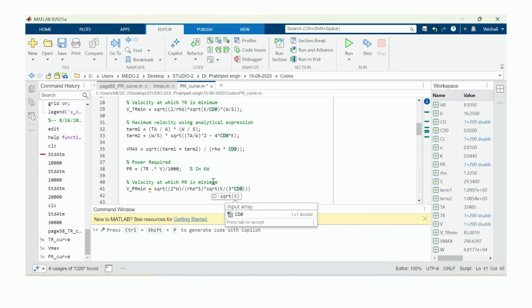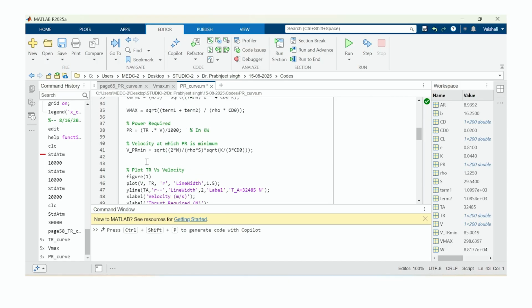Okay, so now this should indicate the velocity at which power required is minimum.